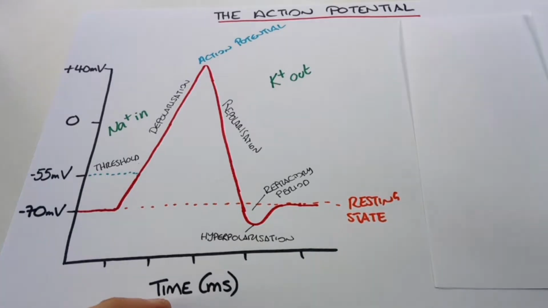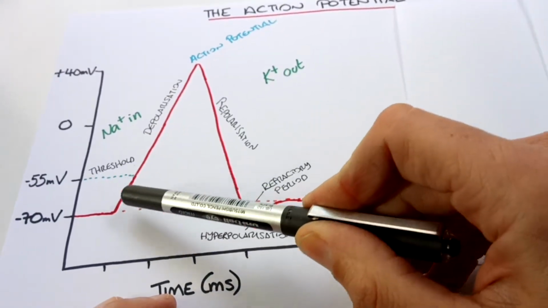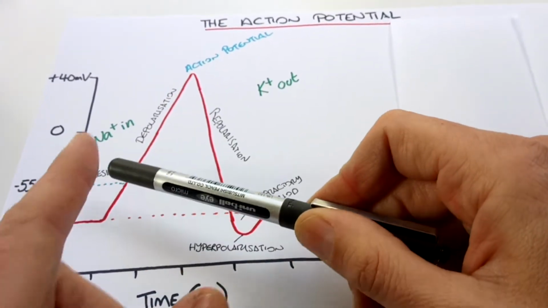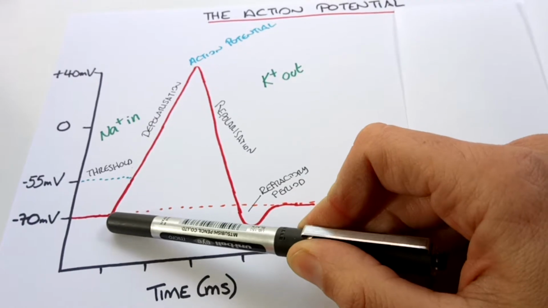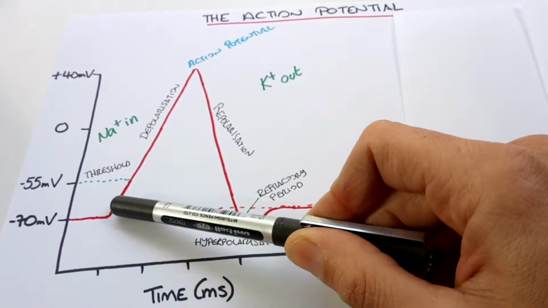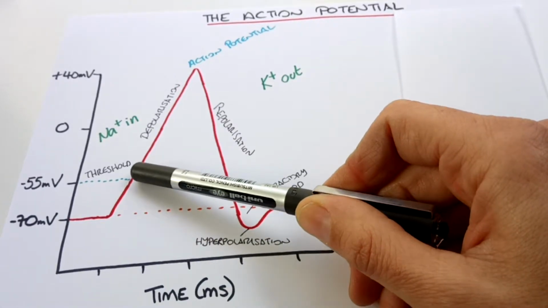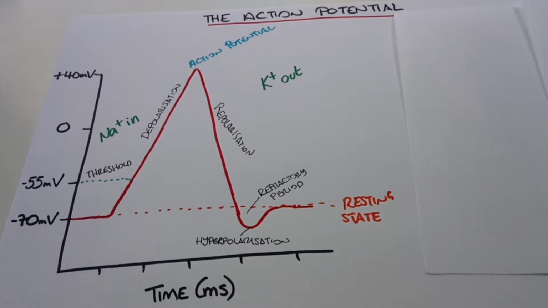It makes the cell less negatively charged. So we can see, back to pointing with a pen, because I'm not left-handed, our graph goes up. This is our voltage, so it's becoming less negatively charged. It's coming up, and there you can see we've got this blue line here, and this is our threshold, which is approximately minus 55 millivolts.